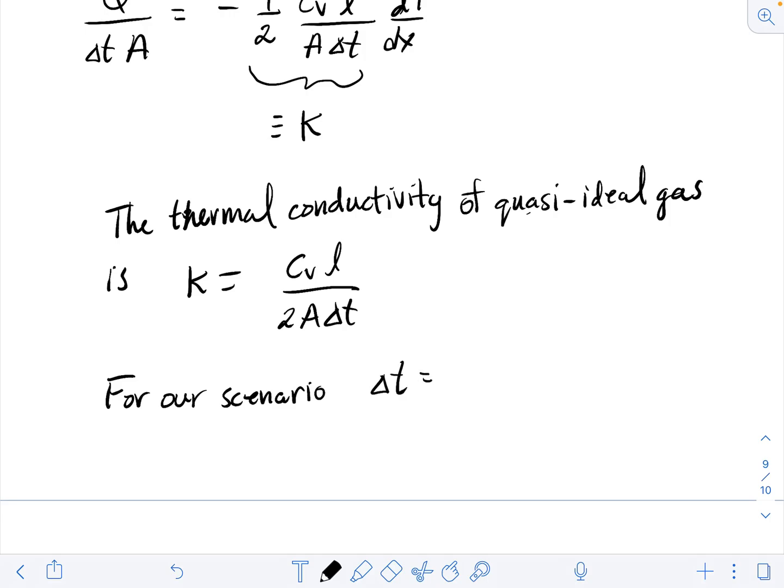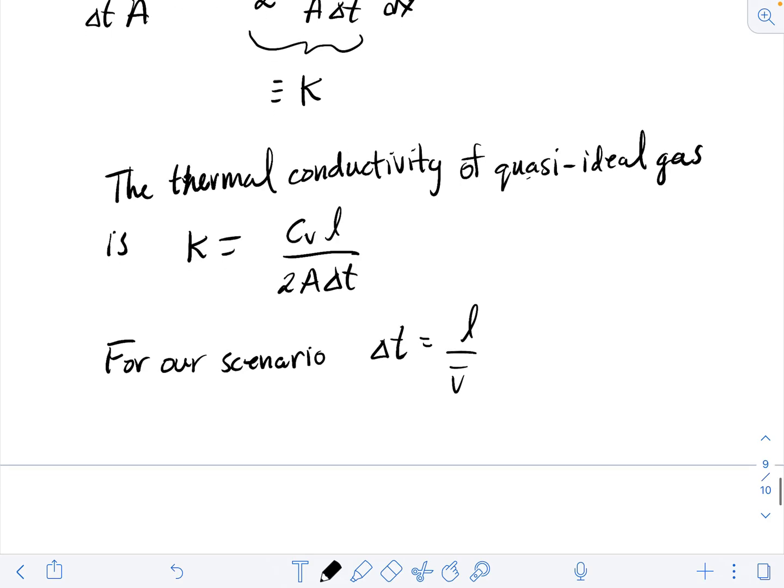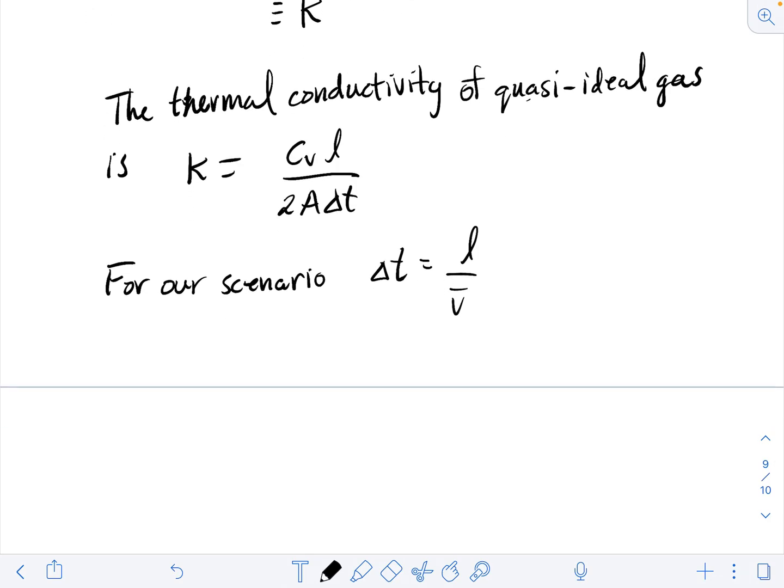Delta T is the time between average collisions, and that was the mean free path divided by the average speed of the particles. The volume of our boxes is whatever the area is times the mean free path.